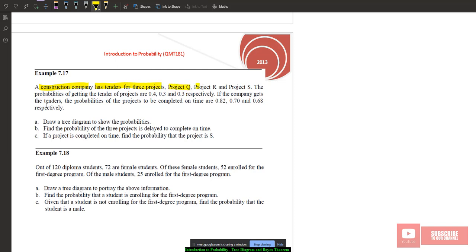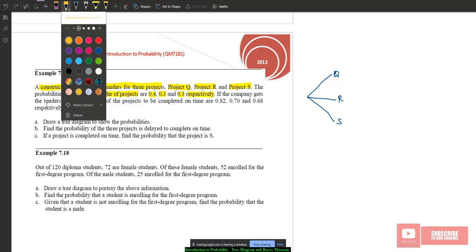Project Q, Project R, Project S. So now we have 3 projects. To draw a tree diagram, we have 3 projects: Project Q, R, and S. The probabilities of getting the tendered projects are 0.4, 0.3, and 0.3 respectively.